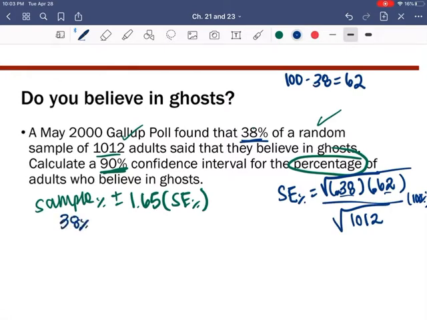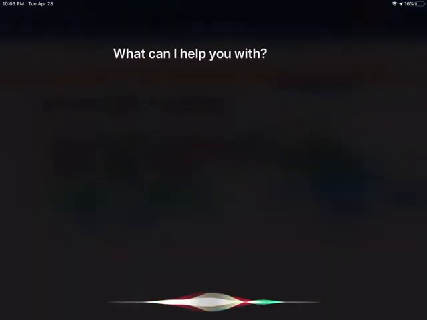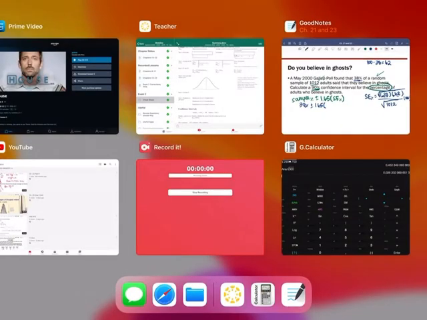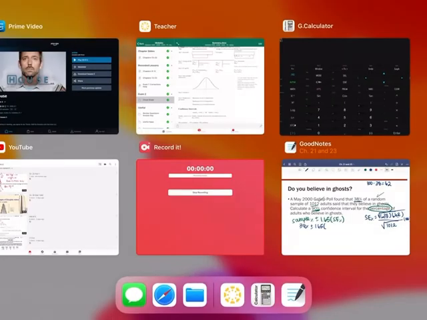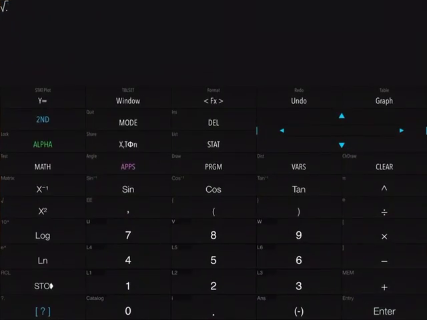Okay, so our sample percent was 38% of people. Give or take 1.65 times, let's type this in. .38 times 0.62.